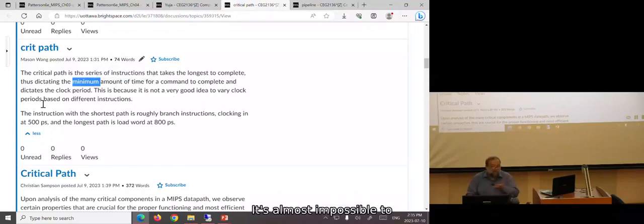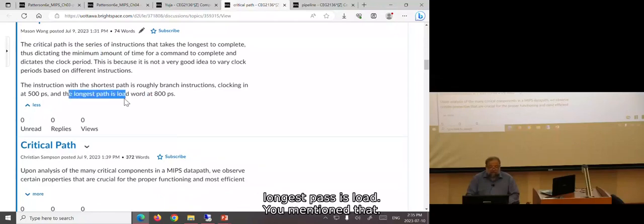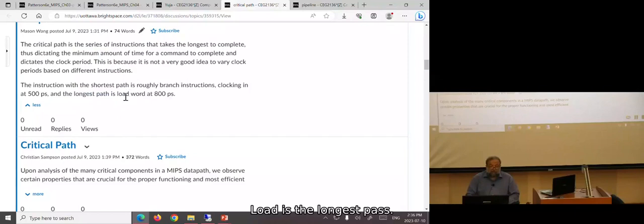It's almost impossible to vary clock periods based on different instructions. The instruction with the shortest path is roughly branch instruction, clocking in at 500 picoseconds. And the longest path is load. You mentioned that. Load is the longest path. As in the example in the book, it is about 800 picoseconds. Good.